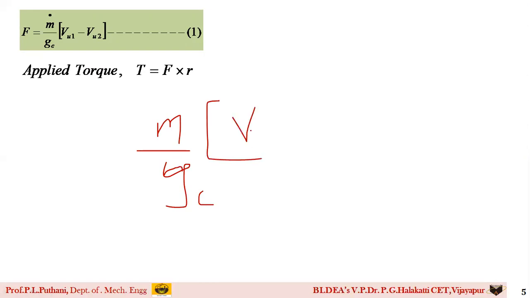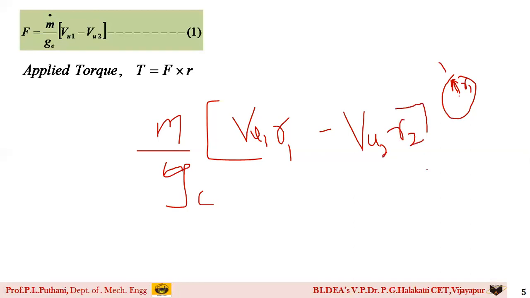into Vu1 into R1. Why? Because at point 1, this is my rotor, where at point 1 the fluid is going to enter. So Vu1 at radius R1 minus, similarly, Vu2 at the radius where the fluid is leaving out, at R2.